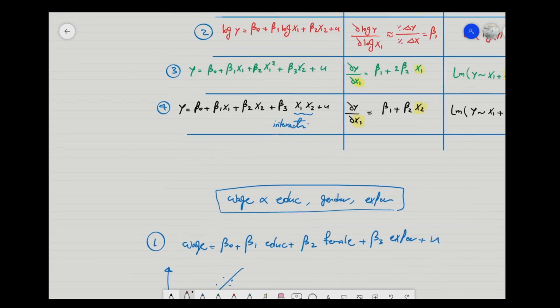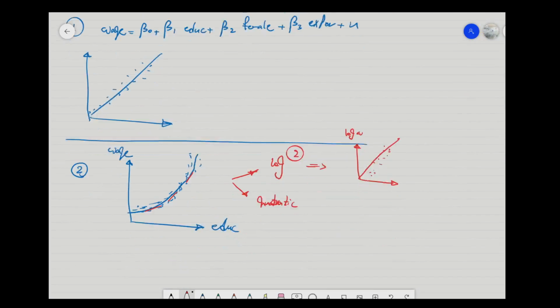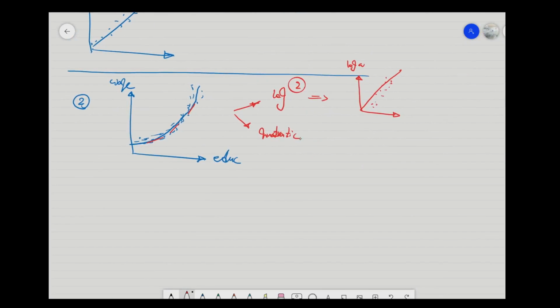If you use log transformation, then we said that, okay, instead of log, you can stick to the wage and education, and instead of manipulating the data, let's bend the curve itself. How do I do that? By using a quadratic version.